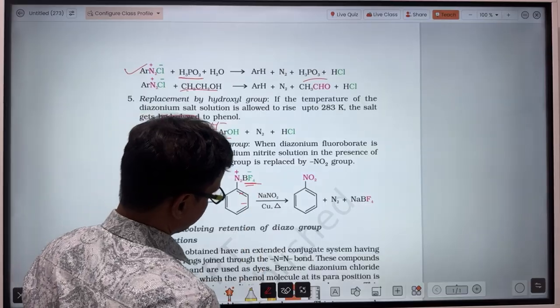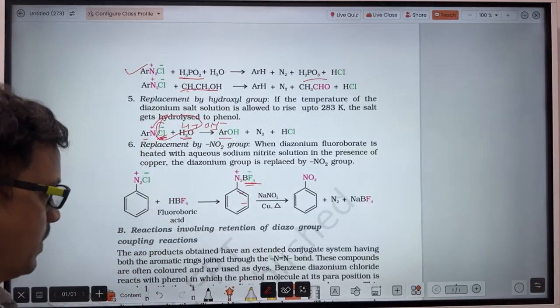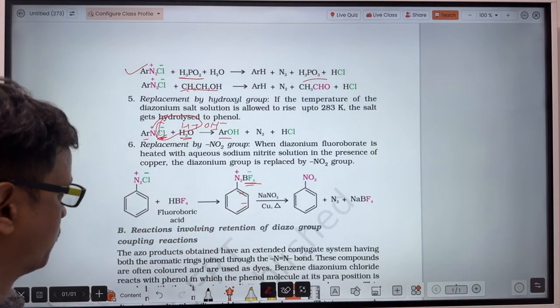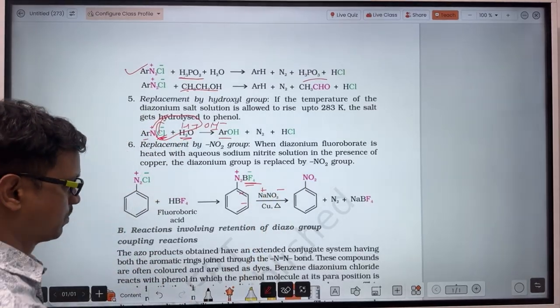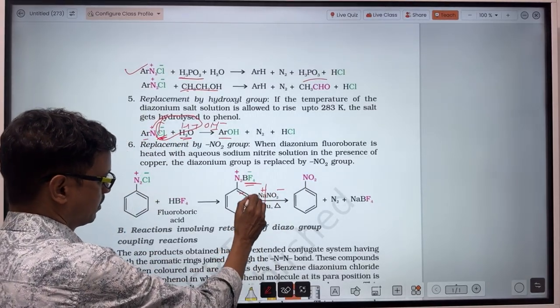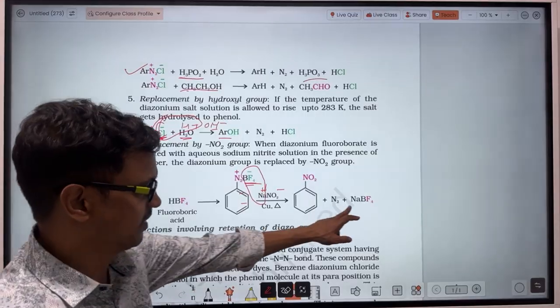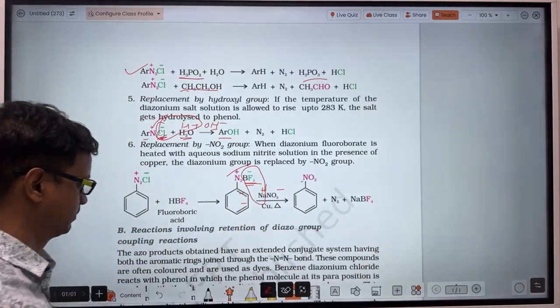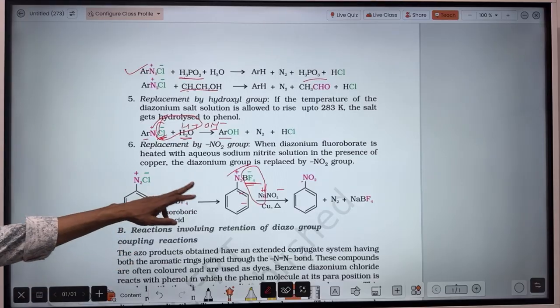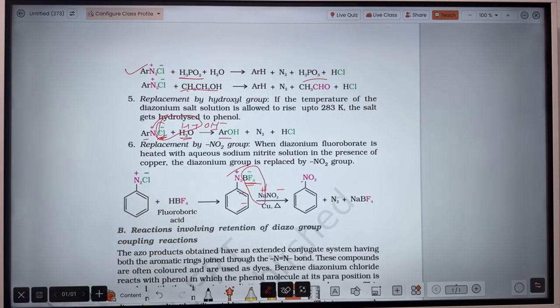BF4 minus is released from there and sodium combines: sodium positive, NO2 minus negative. Na plus combines with BF4 minus to become NaBF4, nitrogen is released, and NO2 gets bound here. In this way, nitrobenzene will form.